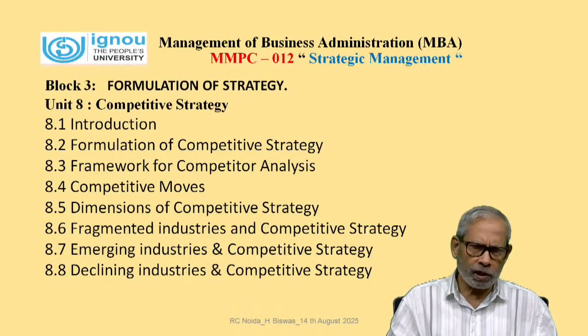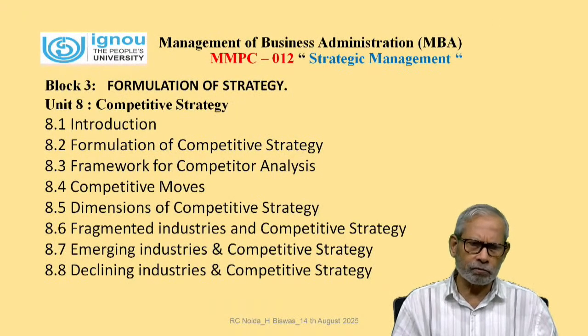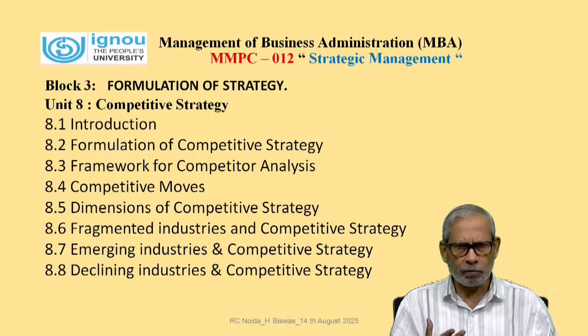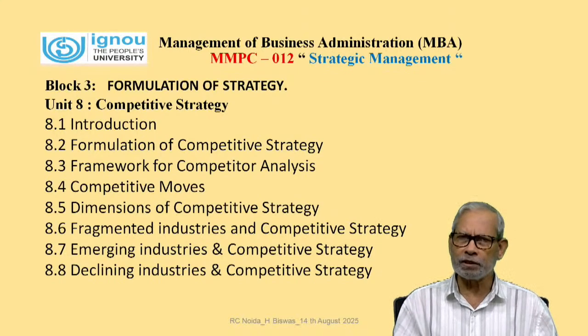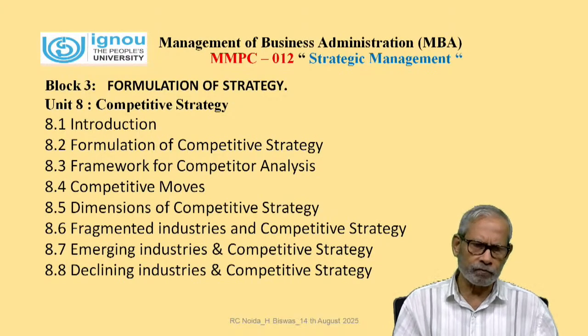Then we have to go for unit number 8, that is competitive strategy. Where it is the formation of the corporate strategy, what are the points to be considered, the framework, and your competitive moves, the dimensions of the competitive strategy, what dimensions are there.